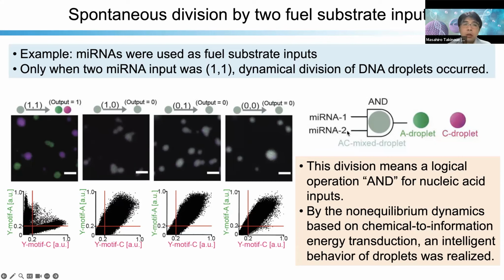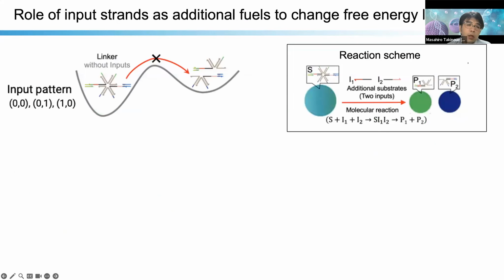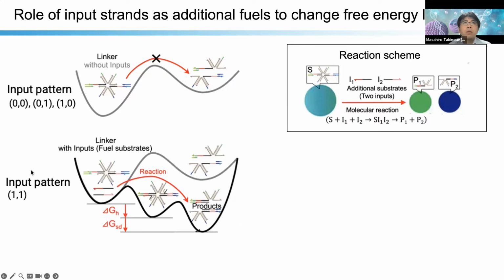microRNA inputs. We can consider this computation system from the energetic viewpoint again. Before the addition of the input, this linker is stable, so it cannot change to the separated state. But with the addition of the two inputs, the energy landscape is changed from this gray one to the black one.